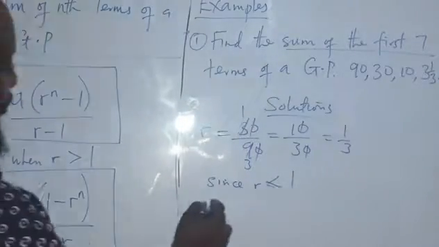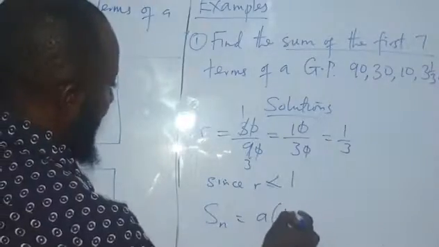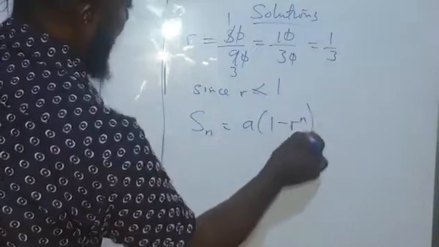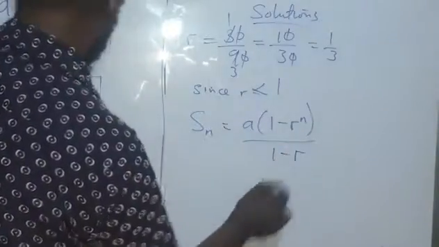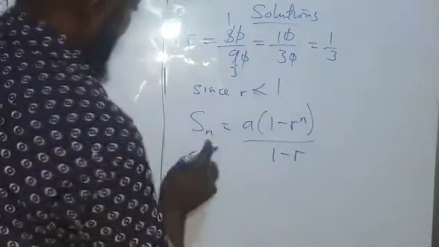So the sum of n terms will be A into bracket 1 minus R raised by n, divided by 1 minus R, as we have it here. So we can now put in the values and start solving. Is that clear? So good.